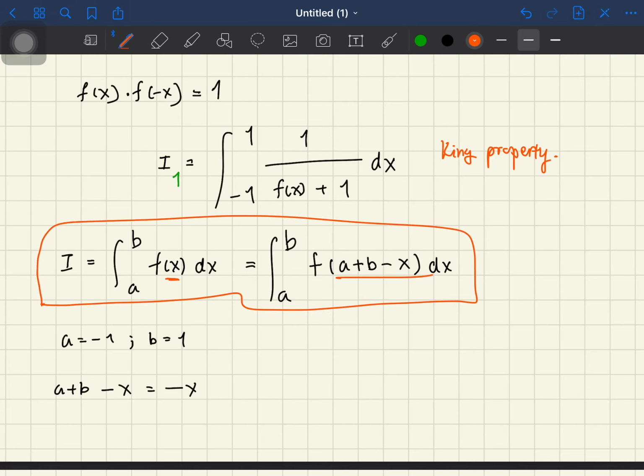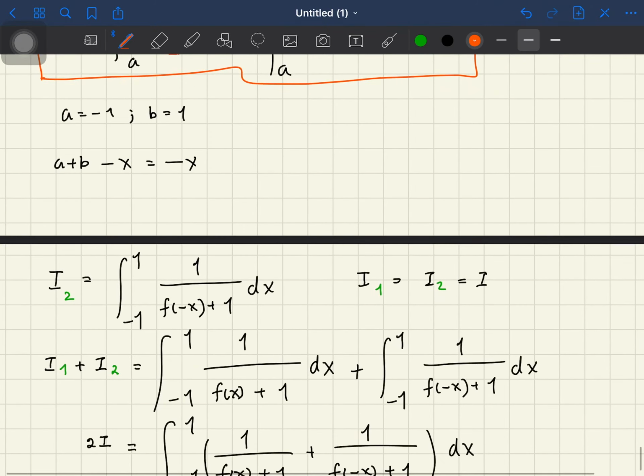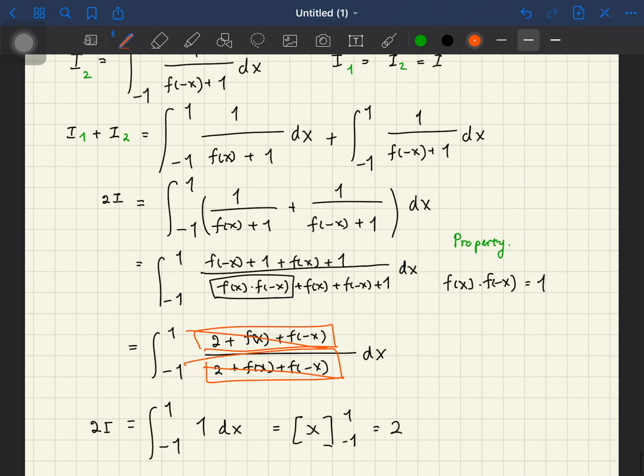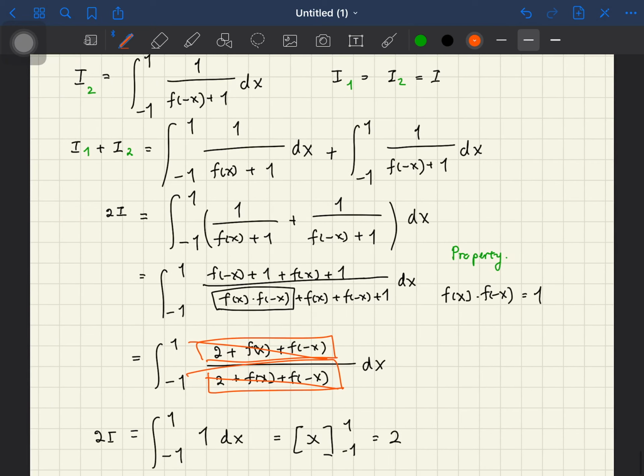So this might help you a lot in your exam, especially for those dealing with A-level mathematics, pure maths 3. If you have this kind of fractional thingy, it might be very useful to apply the king property in solving this integral. You will be able to solve very fast, like in this situation.